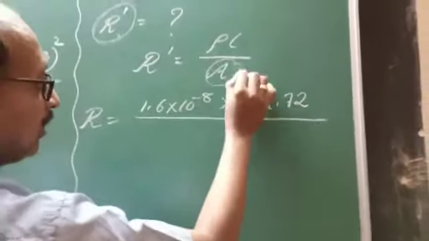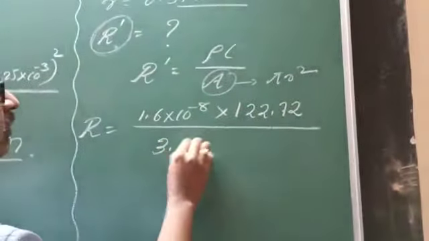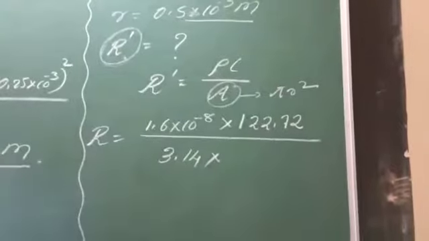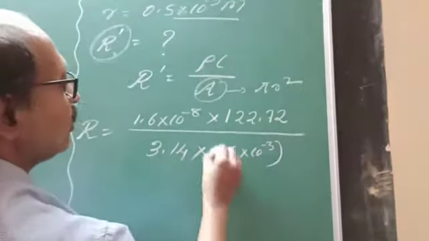The pi value is 3.14 and the r value we have to put, that is 0.5 into 10 to the power of minus 3 whole square.